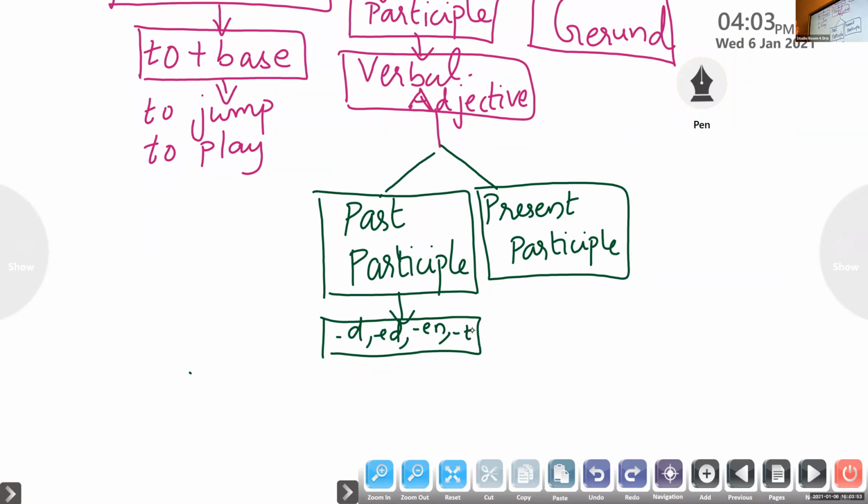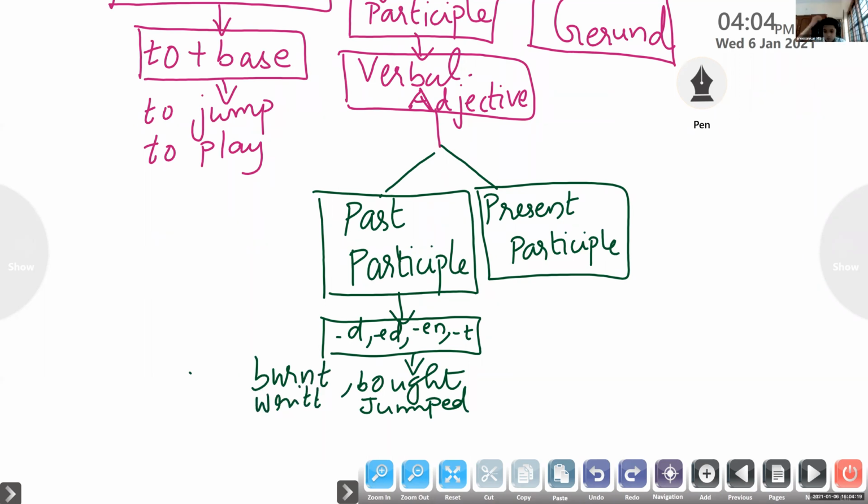Examples: jumped, bought, burned, burnt, written.